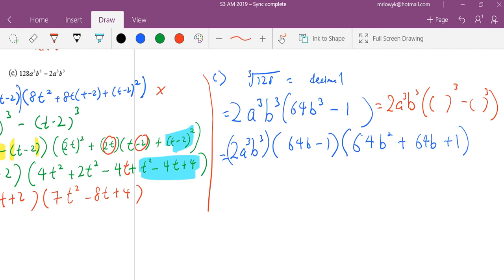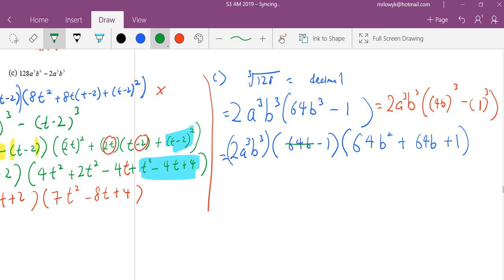One very important step you don't want to skip is this. Mingyuan, what do you put in this bracket? For B. What do you put in the other bracket? 1. Therefore, this is wrong, it's 4B.